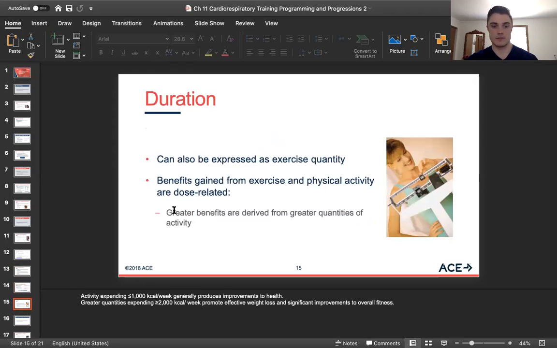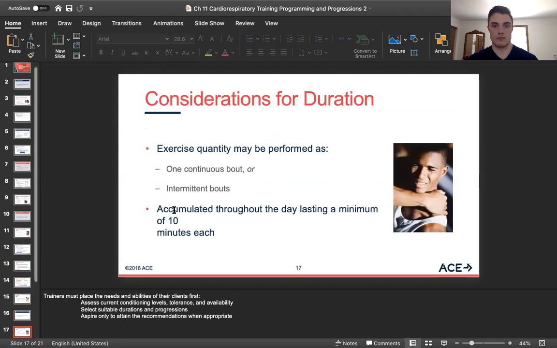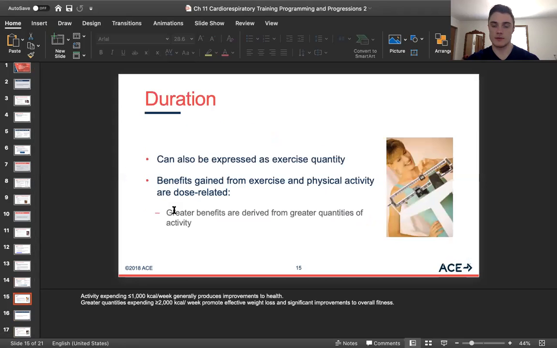All right, duration. Duration is really going to be dependent on the client themselves and their exercise history and what they feel comfortable doing. As a personal trainer, it's your responsibility to monitor the situation, understand when the client is reaching the brink of exhaustion, and be able to pull back the reins.